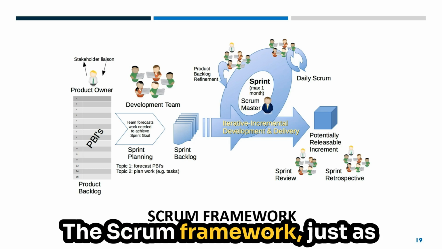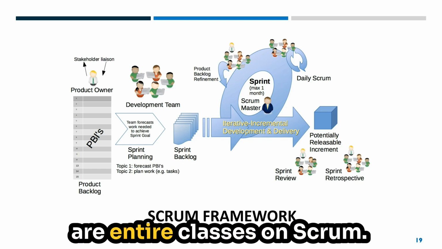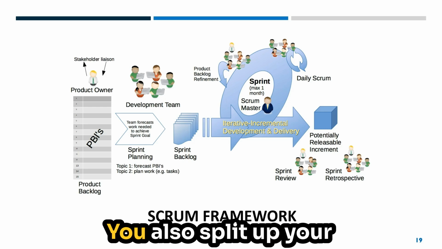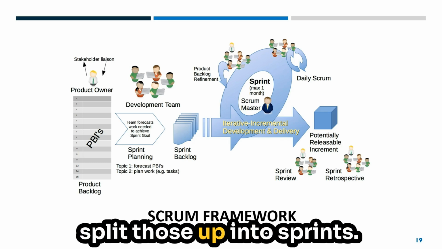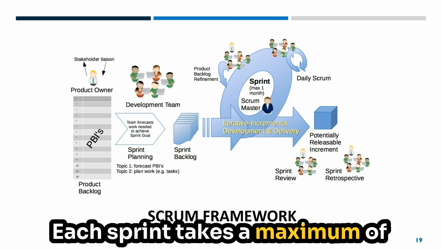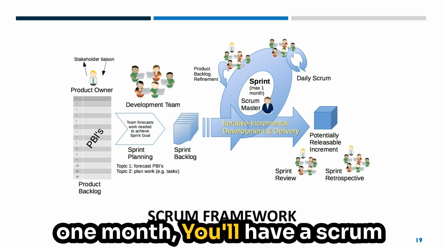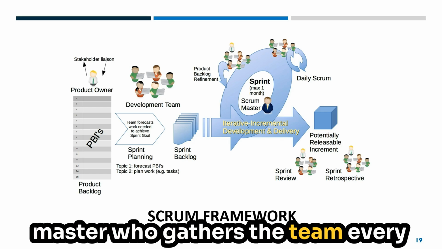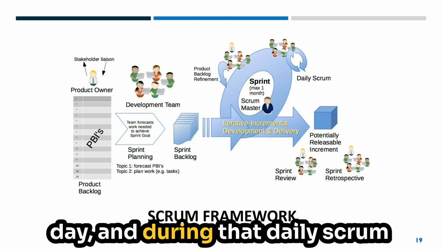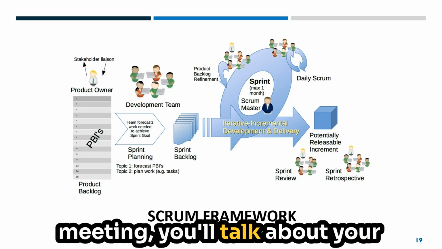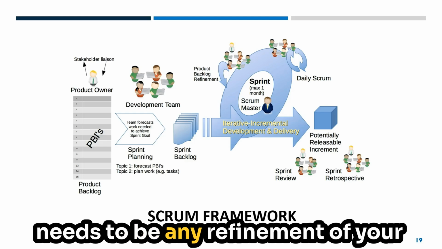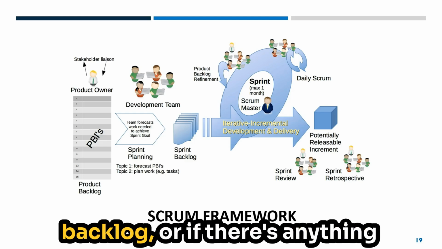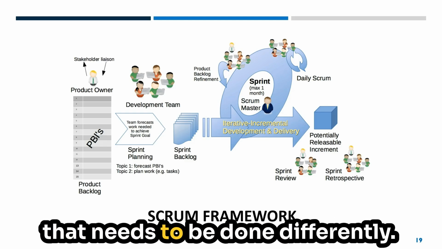The Scrum framework, just as an overview, because there are entire classes on Scrum. You also split up your software development into different tasks, and then you split those up into sprints. Each sprint takes a maximum of 1 month. You'll have a Scrum Master who gathers the team every day. And during that daily Scrum meeting, you'll talk about your progress on your tasks, if there needs to be any refinement of your backlog, or if there's anything that needs to be done differently.